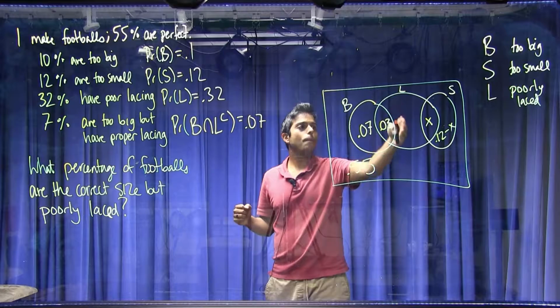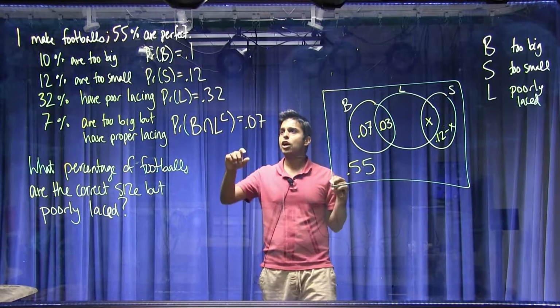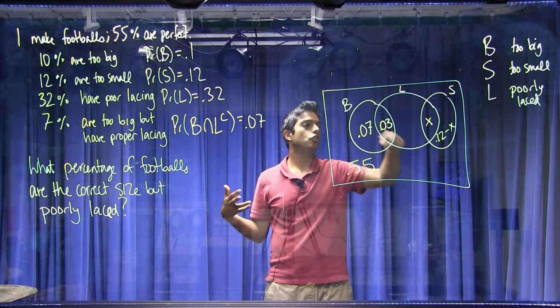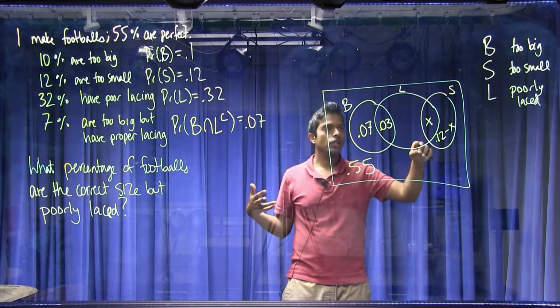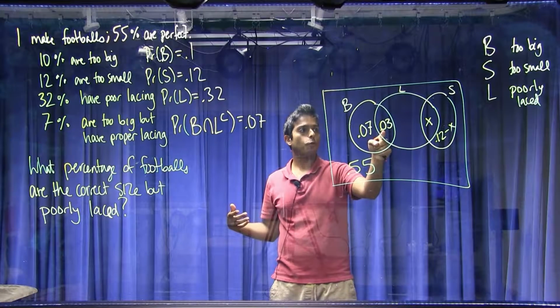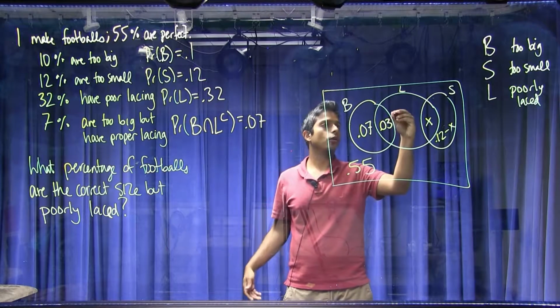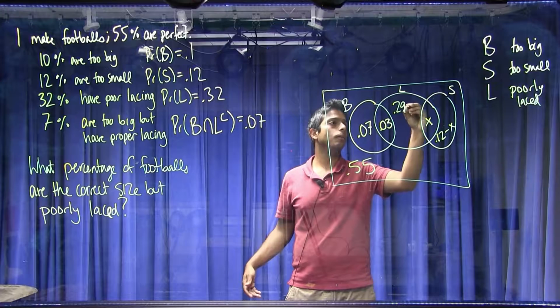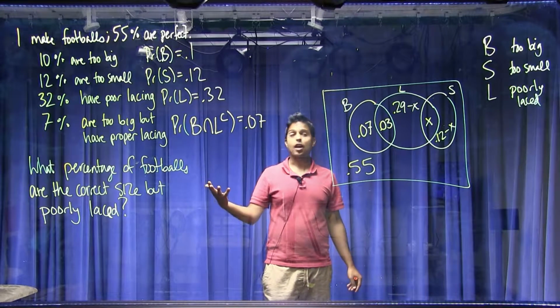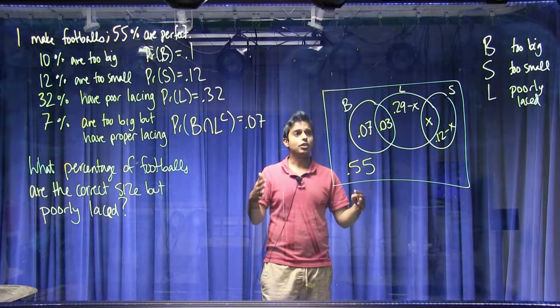And then the area in the middle, how do we represent that? So we know that the probability of L is 0.32. So this entire circle is 0.32. So this area is 0.32 minus 0.03 minus X. In other words, it's 0.29 minus X. So now we filled in the entire Venn diagram, and let's go from there.